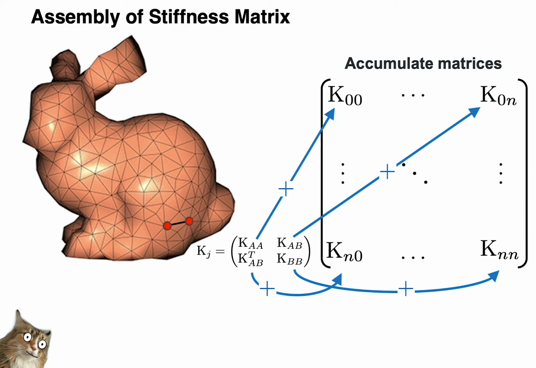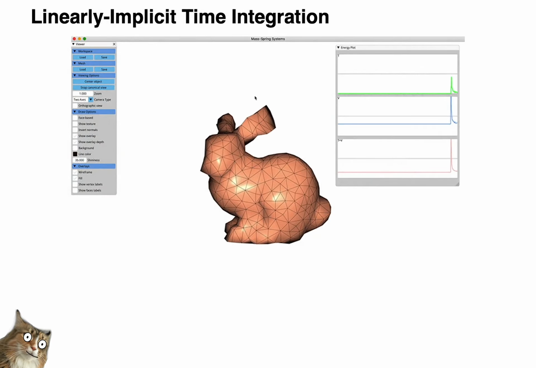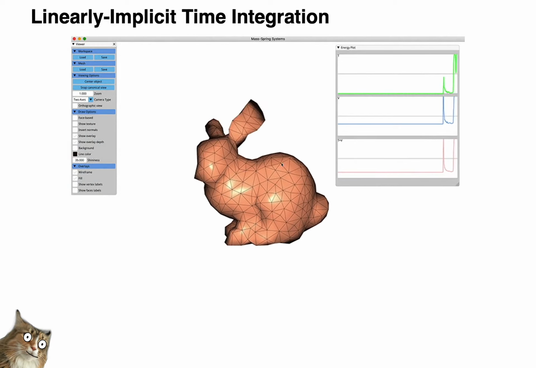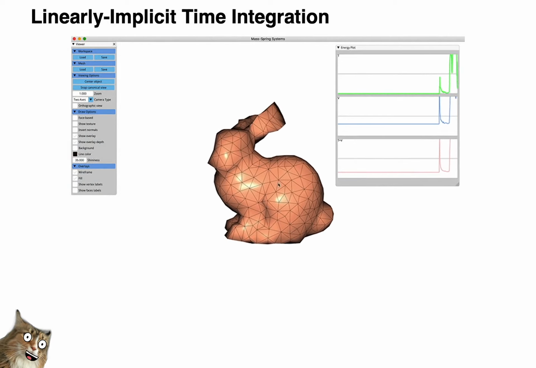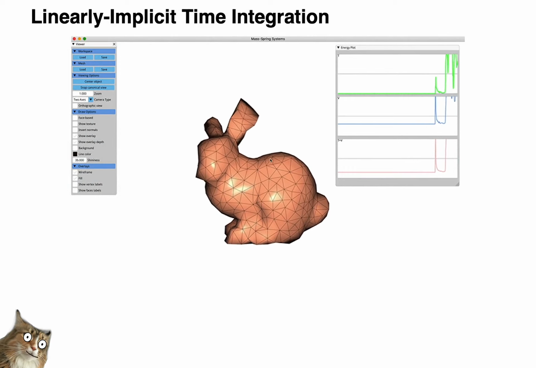Repeating this procedure for each spring in our bunny assembles the stiffness matrix. Once we've done this, we can execute our linearly implicit time integrator to animate this wiggly bunny.